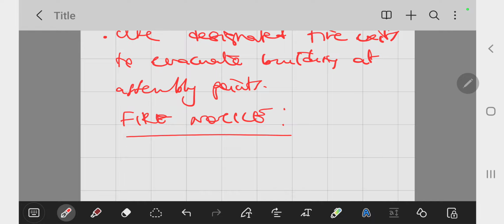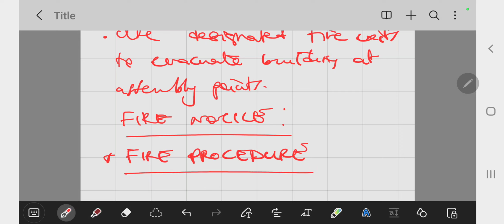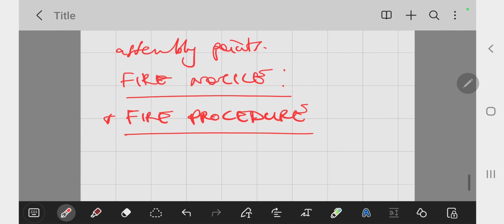Yeah. So aside from that, you guys need to know what a fire procedure is. So a fire procedure again, in a scenario where a fire breaks out, just like a fire notice, a fire procedure will also give you the specific procedures you need to follow to prevent the effects of a fire in a scenario whereby there's a fire in a building.